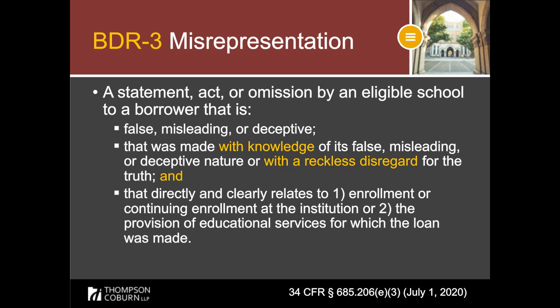In this case, the department has defined it as a statement, act, or omission by the school to a borrower that is false, misleading, or deceptive, that was made with knowledge of its false, misleading, or deceptive nature, or with a reckless disregard for the truth, and that directly and clearly relates to enrollment, continuing enrollment, or the provision of educational services. So this is a big difference from the misrepresentation standard under BDR-2, and I want to highlight this again because it could be counterintuitive.